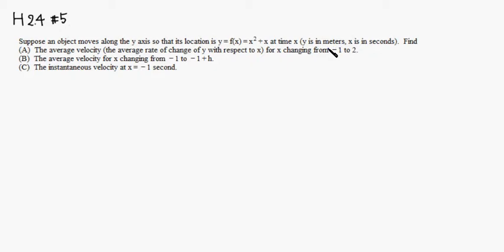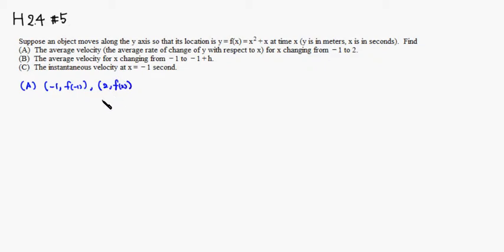Average velocity is the same thing as the slope of the secant line, so we need two points. For part A, the first point would be x is -1 and f of -1, and the second point would be 2 comma f of 2.